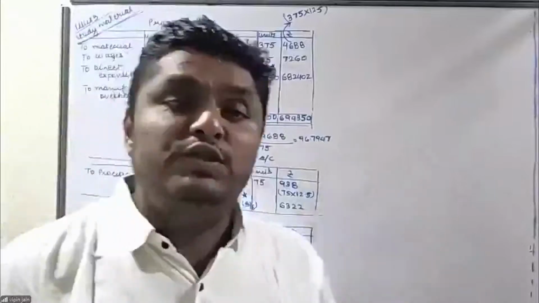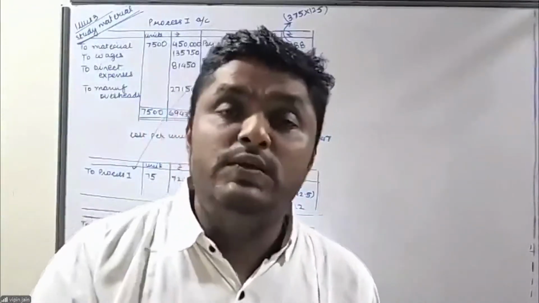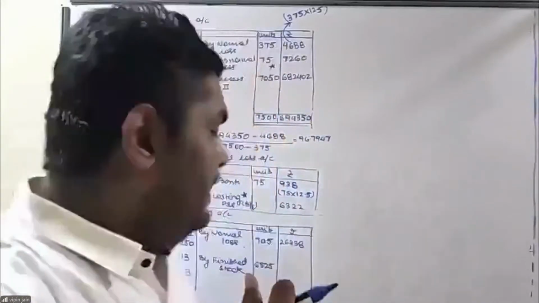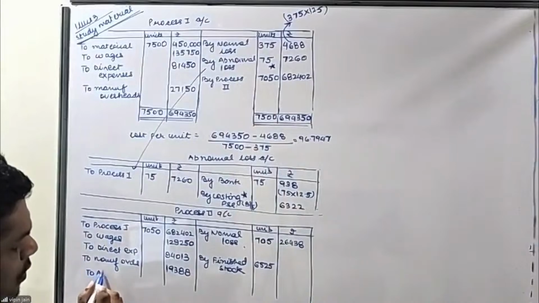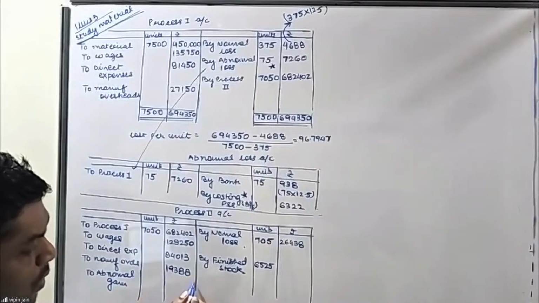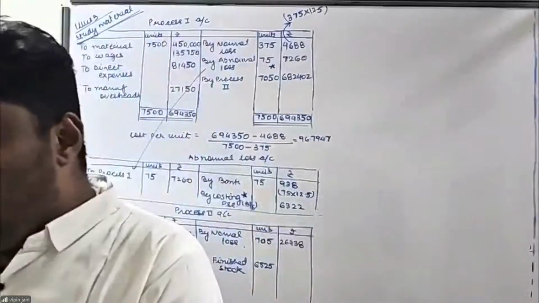However, my actual output is 6525. That is 180 more than what we expected. So we call it as abnormal gain. So herein in this question, there is an abnormal gain of 180 units.